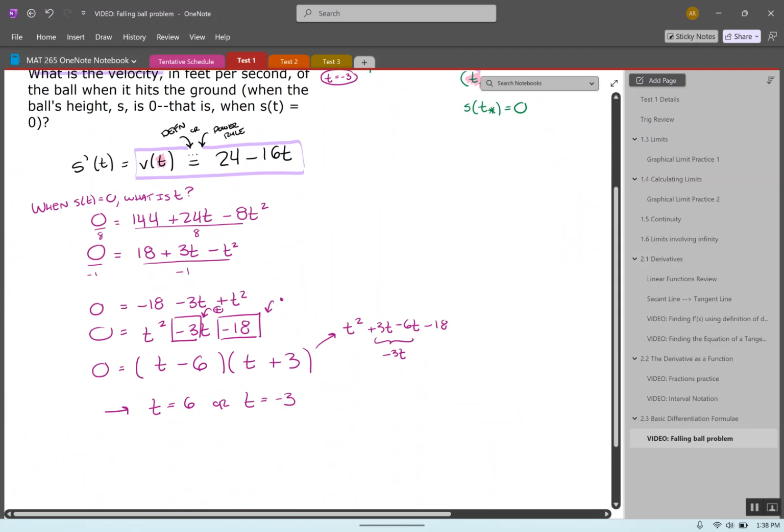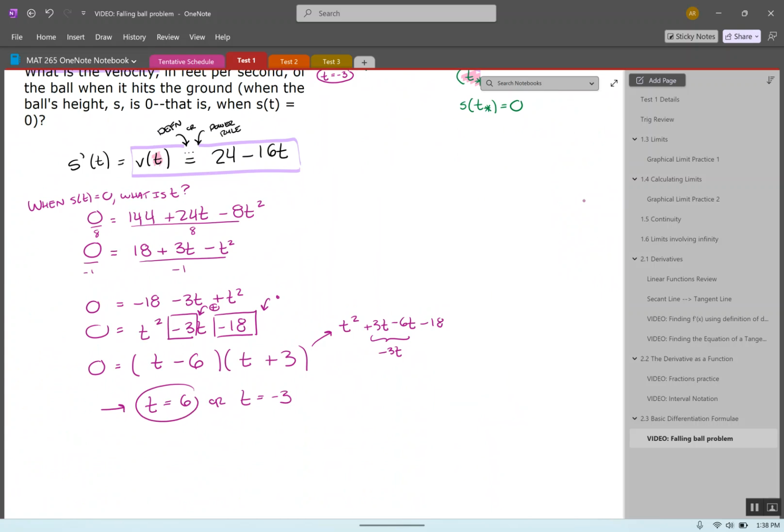So we know that special time value that produces s of t star equals 0. This is the time at which the ball hits the ground.